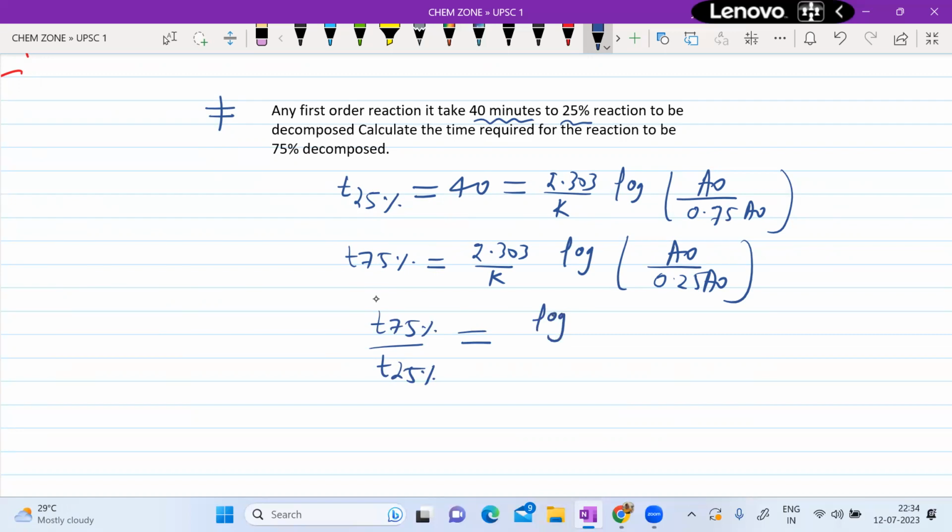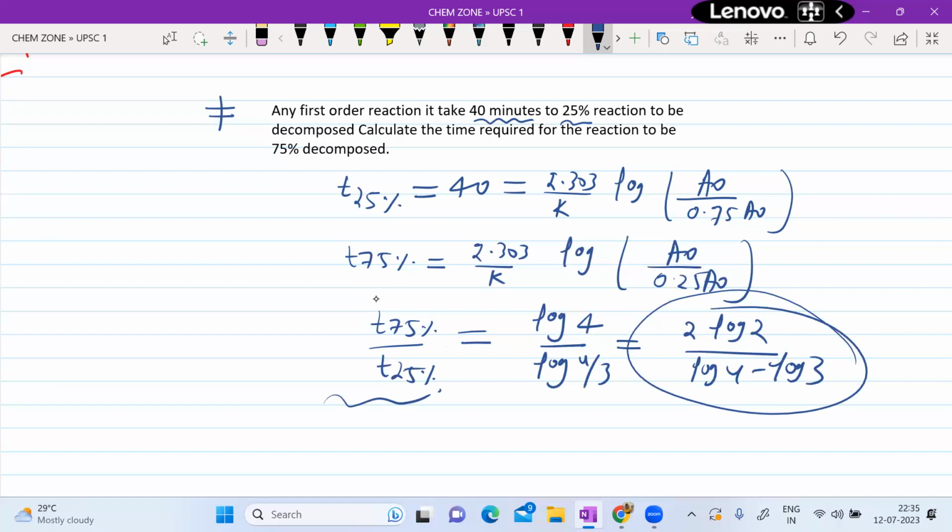This will come to be log 4, and this will be log 4 by 3. Log 4 can be written as 2 log 2, and log 4 by 3 can be written as log 4 minus log 3. If you put the values of log, you will find the relation.